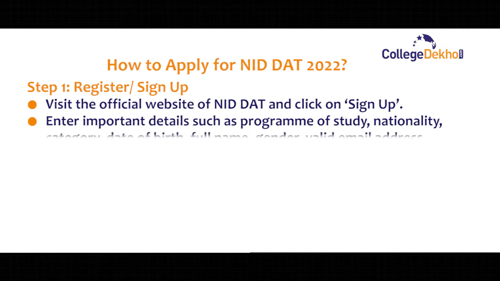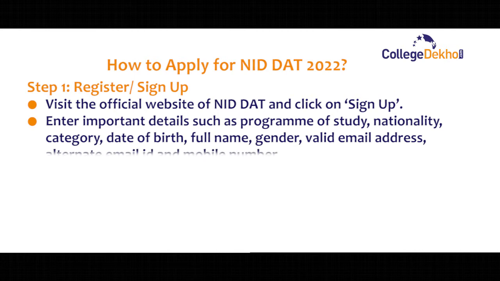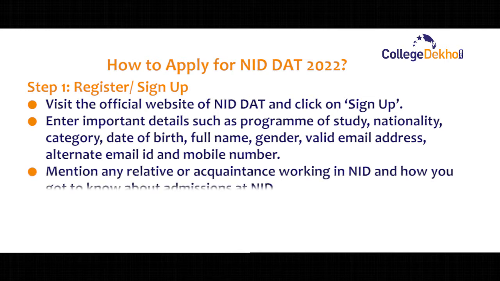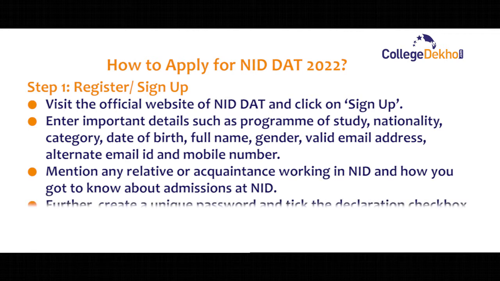Enter the important details such as program of study, nationality, category, date of birth, full name, gender, valid email address, alternate email ID and mobile number. Mention any relative or acquaintance working in NID and how you got to know about admission at NID. Further, create a unique password and tick the declaration checkbox.